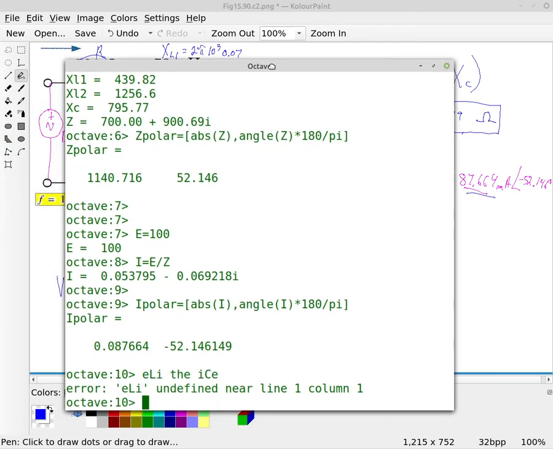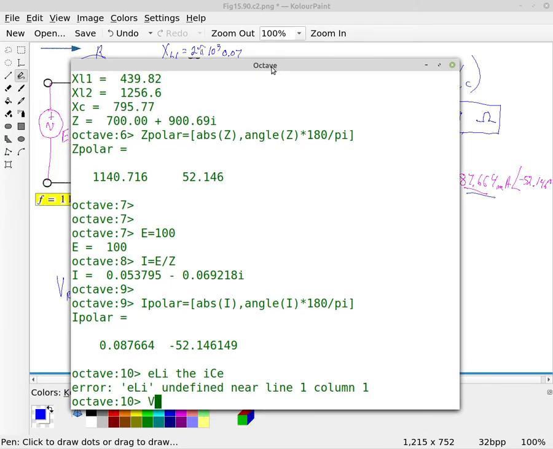So using Octave here, VR is equal to the current I, and I'm going to use the rectangular form for my actual calculation, because it'll handle the complex numbers correctly, times R, which was just 700.